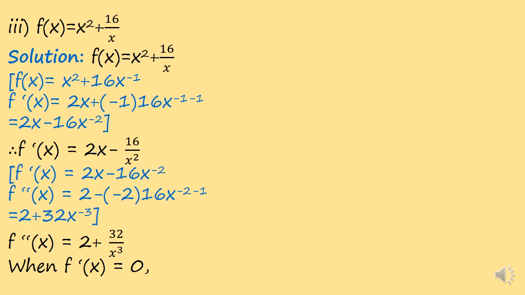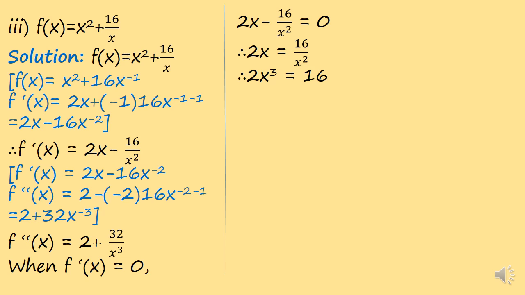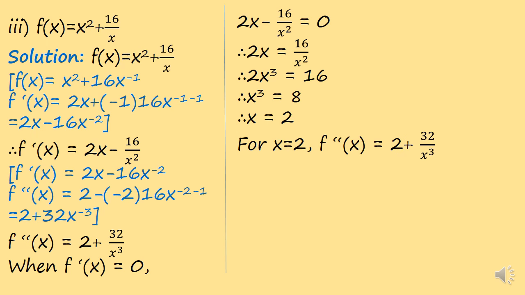That is, when f dash of x is 0, we write 2x minus 16 upon x square as 0. And thus, we get 2x is equal to 16 upon x square. x square can be taken to the LHS and the simplification can be done further like this. Thus, we get x as 2. Now, when x is 2, f double dash of x is 2 plus 32 upon x cube.